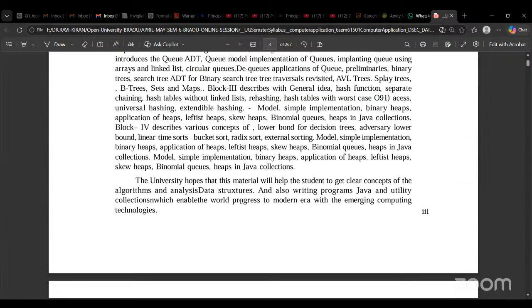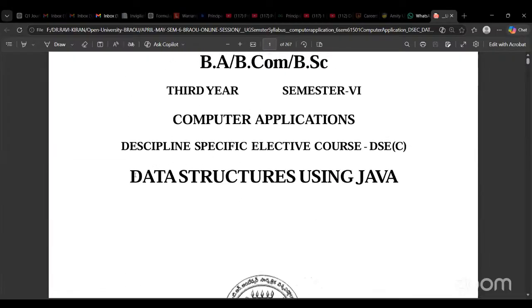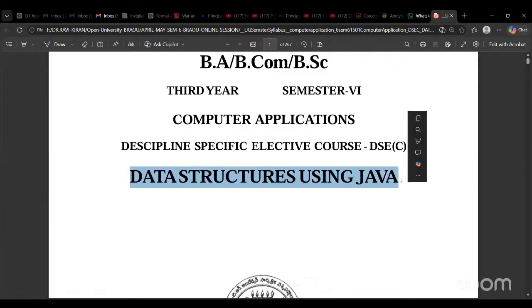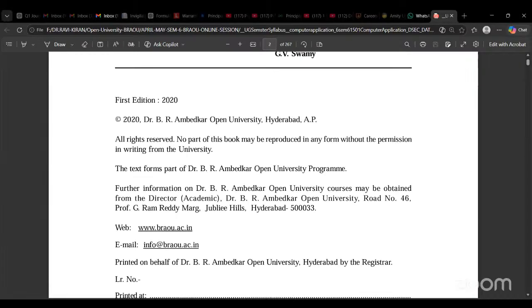So you know that the subject name is Data Structures Using Java.